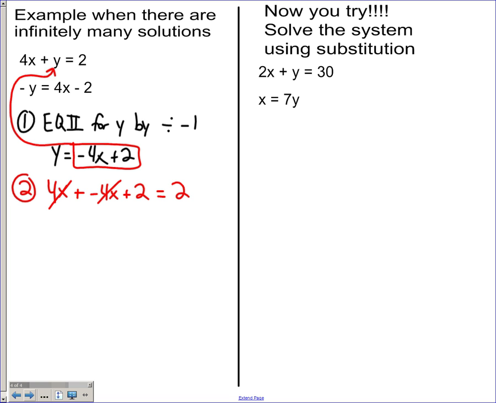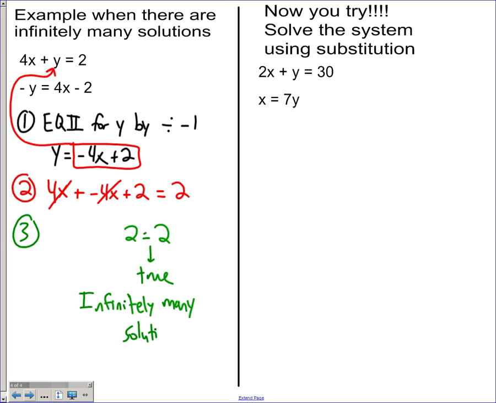So when I'm solving my equation, I get 2 equals 2. This is true, which means that we have infinitely many solutions. Graphically, that means the lines cross at every single point, which means they're the exact same line.